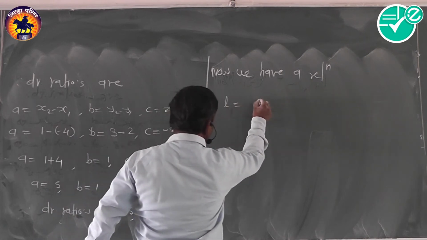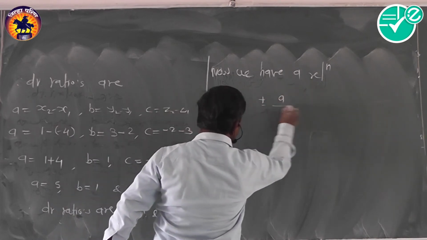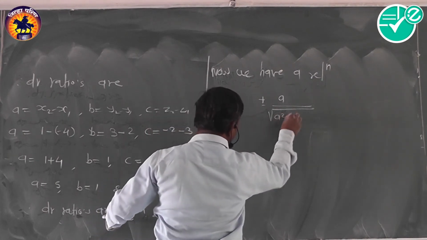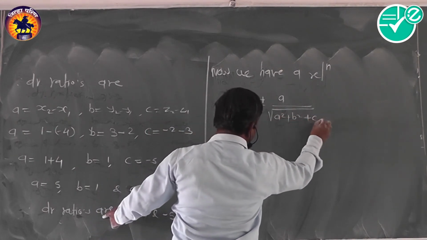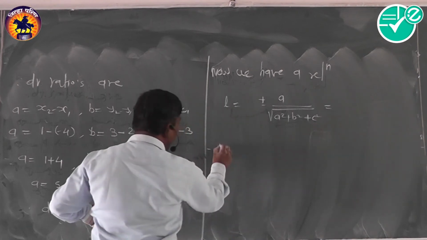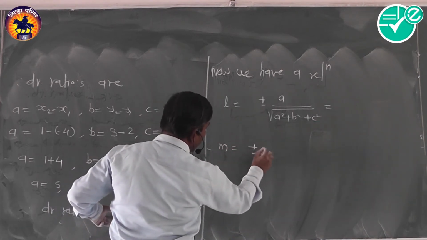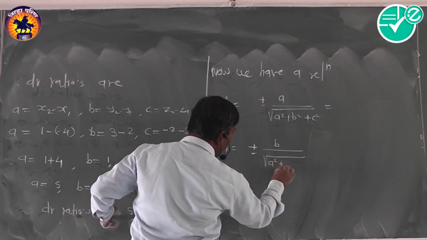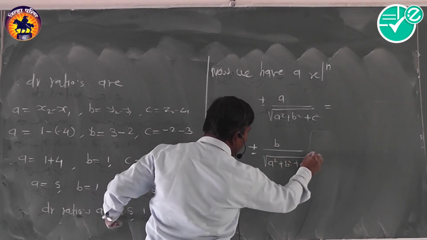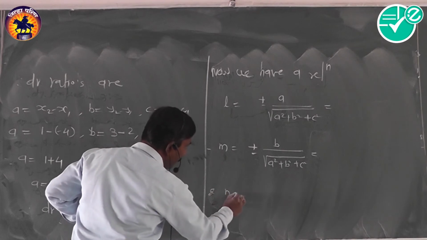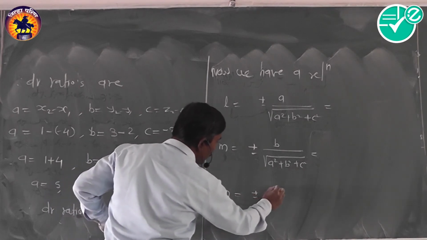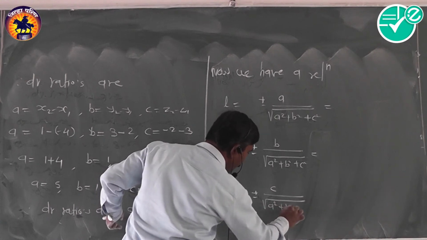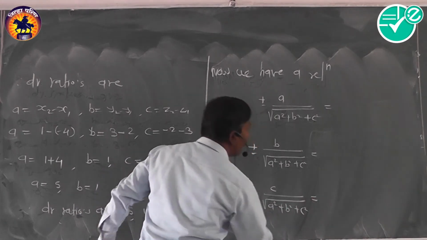l is equal to plus or minus a divided by under root a square plus b square plus c square, m is plus or minus b divided by under root a square plus b square plus c square, and n is equal to plus or minus c divided by under root a square plus b square plus c square.